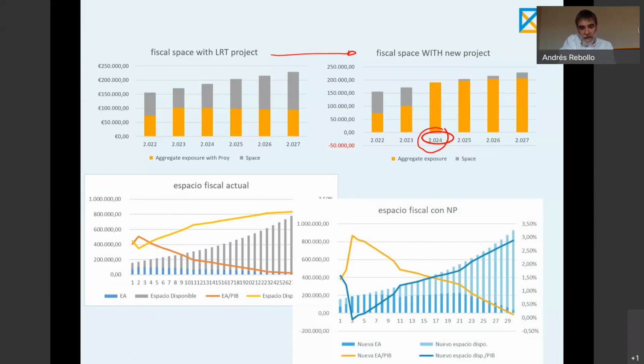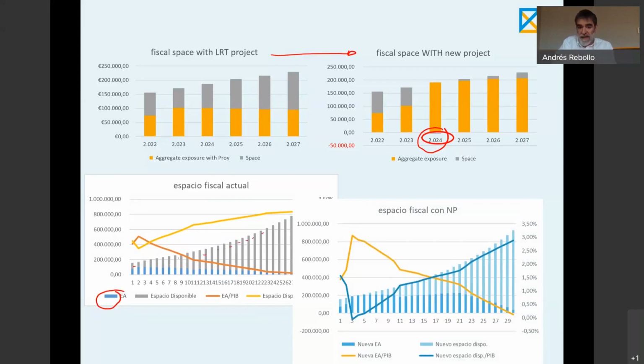You have here in blue, sorry, it's in Spanish, exposición agregada, aggregated exposure. So it's the summation every year of the value of liabilities. This is the space that is occupied by PPP liabilities, and the gray area is the space that is free, the available space.